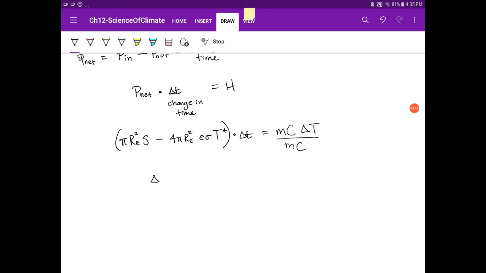What I'll have is that my change in temperature is equal to everything here in parentheses multiplied by the change in time, divided by the mass of the water and the heat capacity of the water.